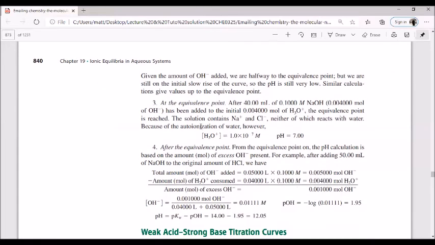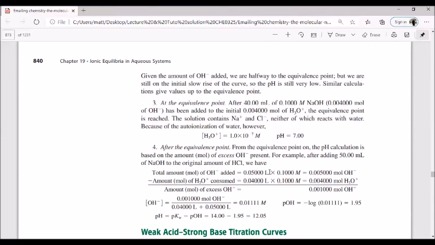Okay, after the equivalence point, the pH calculation is based on the amount of excess hydroxide ion present. For example, let's take the case after adding 50 ml of sodium hydroxide to the original amount of hydrochloric acid. Now the total amount of hydroxide added is 0.05 liter times 0.1, so you get 0.005 mole hydroxide ion.